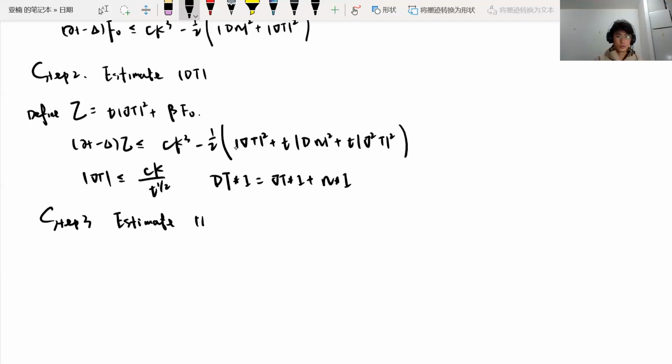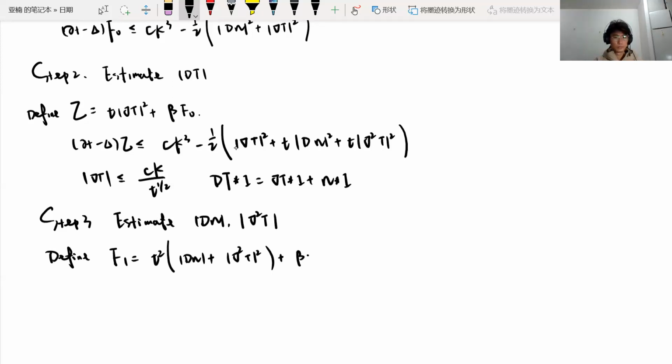We need to estimate two terms at the same time. Just consider this one. We can move on.